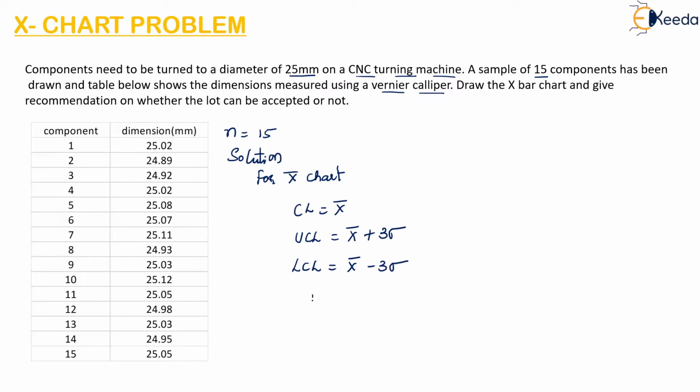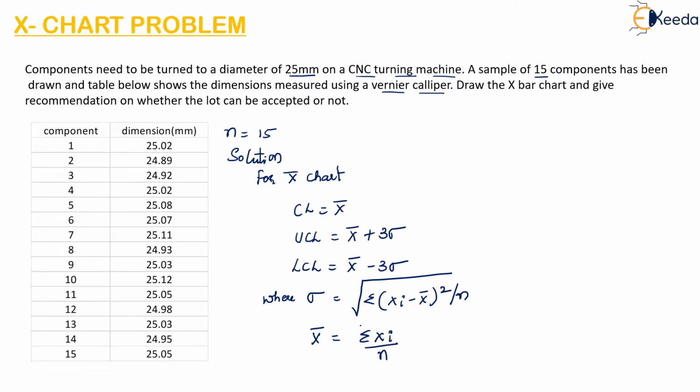Where sigma value is the square root of summation of xi minus X bar whole square divided by n, and X bar is equal to summation of xi divided by n.